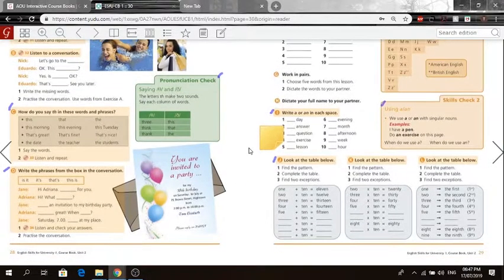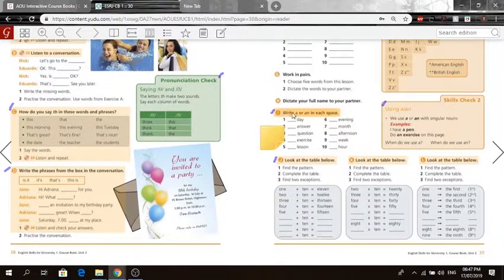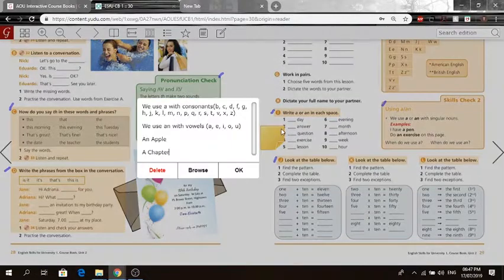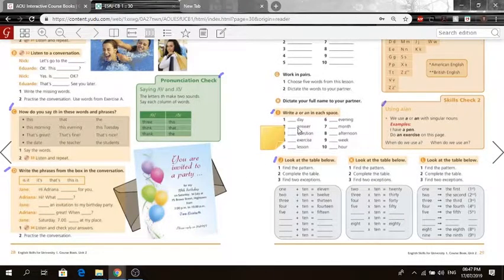Let's kind of move to these exercises here. So write a or an in each space. So number 1 is day, a day, okay, because D is not a vowel, okay? Try to memorize these, by the way. These are really important. So A, E, I, O, U. These are the vowels. Answer. A is a vowel, so an answer. Question. A question, not an question.